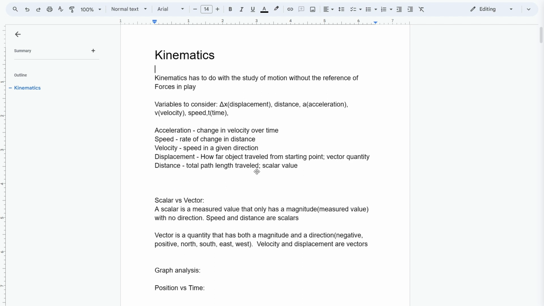We can use theta equals the sine inverse of vy over v, or theta equals the cosine inverse of vx over v. And lastly, we can use theta equals the tan inverse of vy over vx.